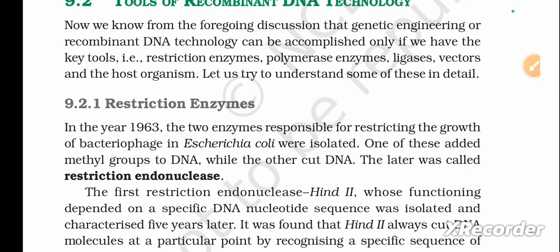First one, restriction enzymes. In the year 1963, the two enzymes responsible for restricting the growth of bacteriophage in Escherichia coli were isolated. One of these added methyl groups to DNA while the other cut DNA. The latter was called restriction endonuclease.